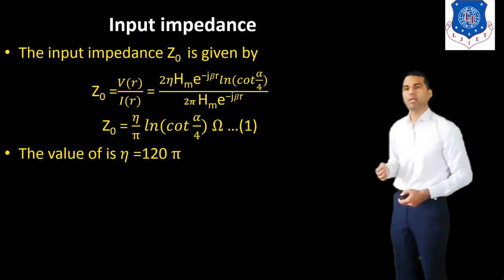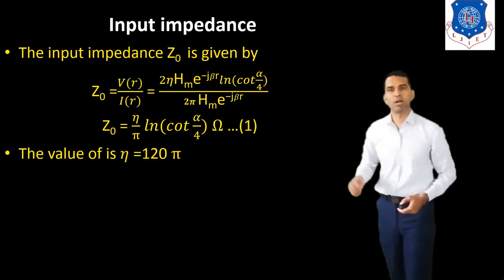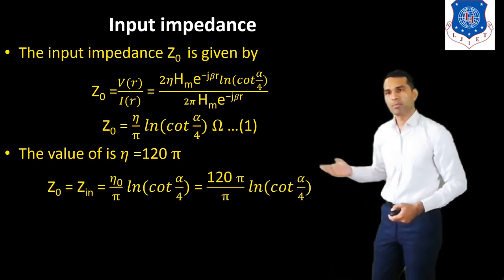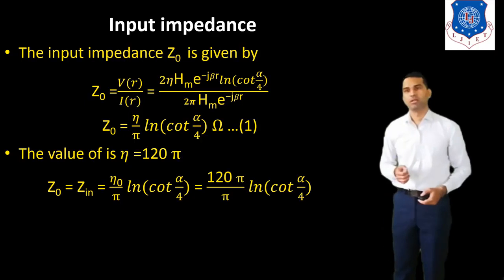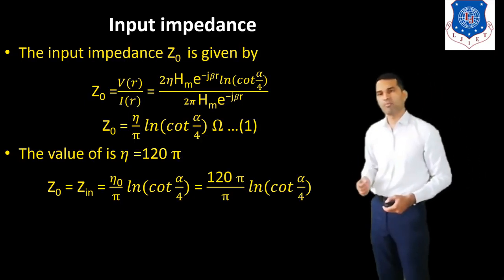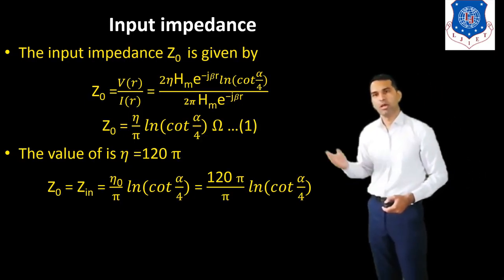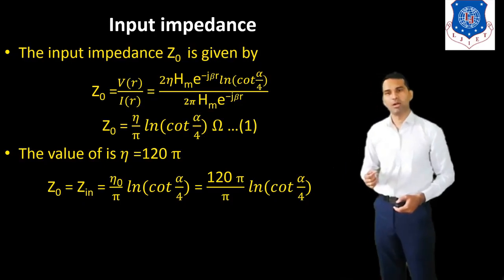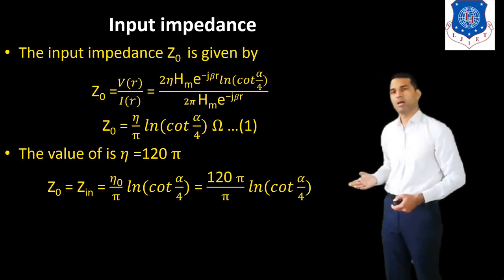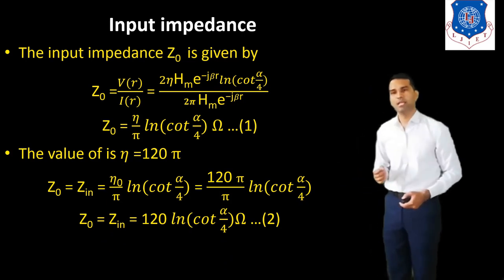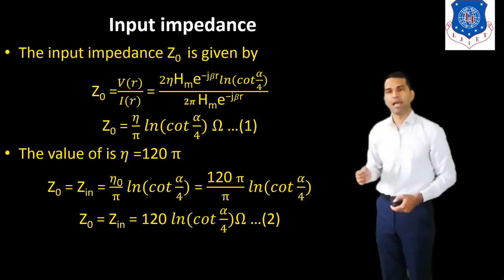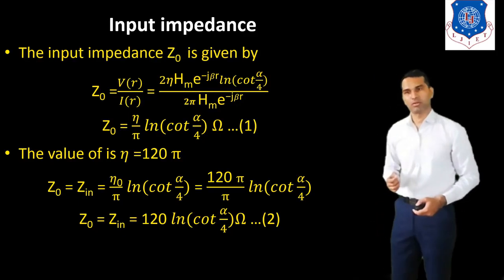Now we put the value of eta for free space, which is nothing but 120 ohm. So after putting the value of eta, we can write Z in equals eta 0 by pi ln cot alpha by 4, where eta 0 is 120 ohm. So we get Z in equals 120 ln cot alpha by 4.